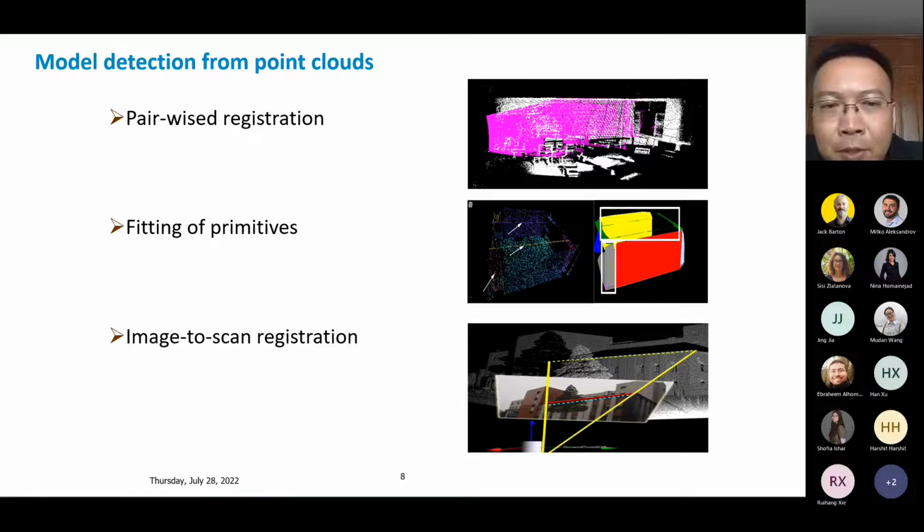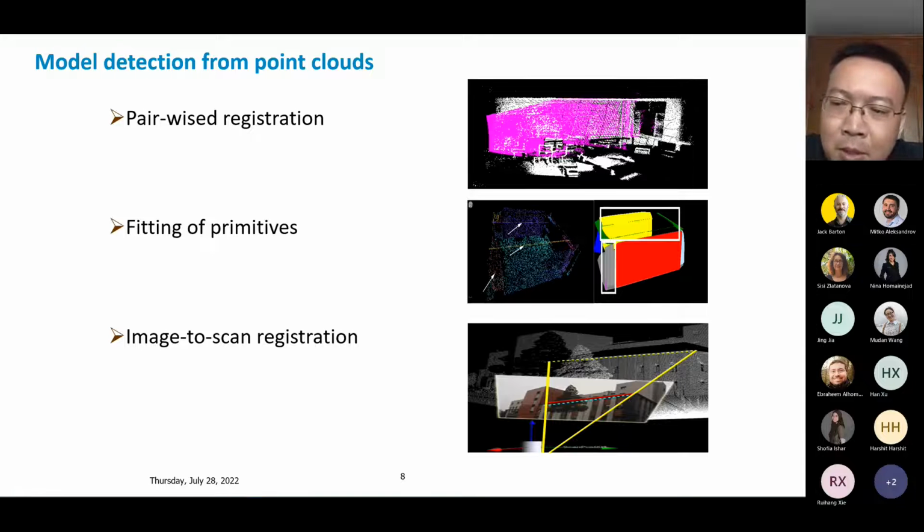And also the fitting of the primitives, which is also very important for data processing, and like the image to scan registration. So for all the processes, we need to detect models from the point clouds.